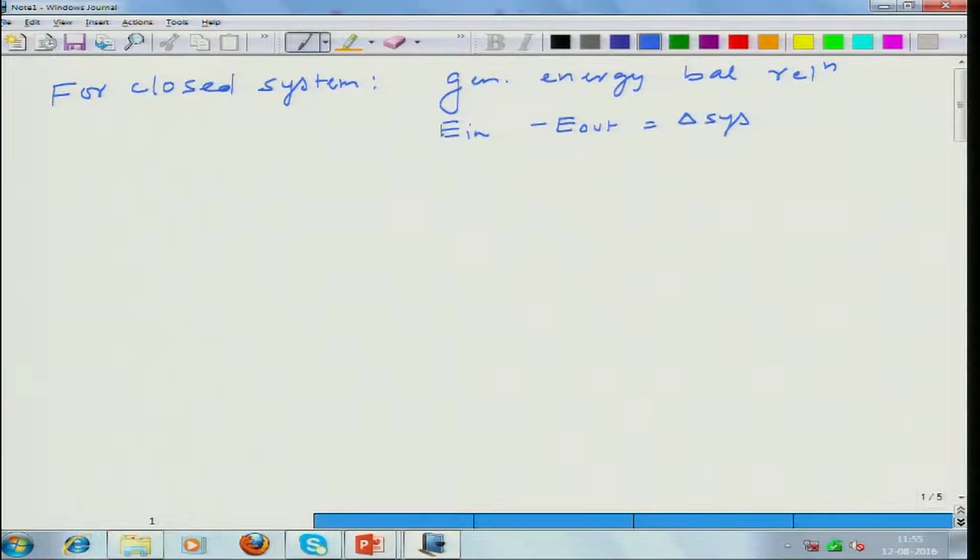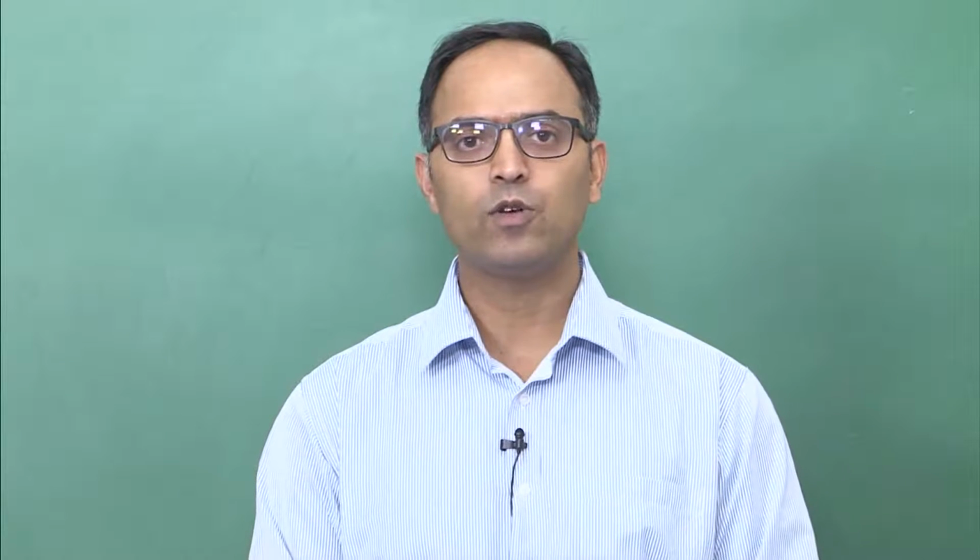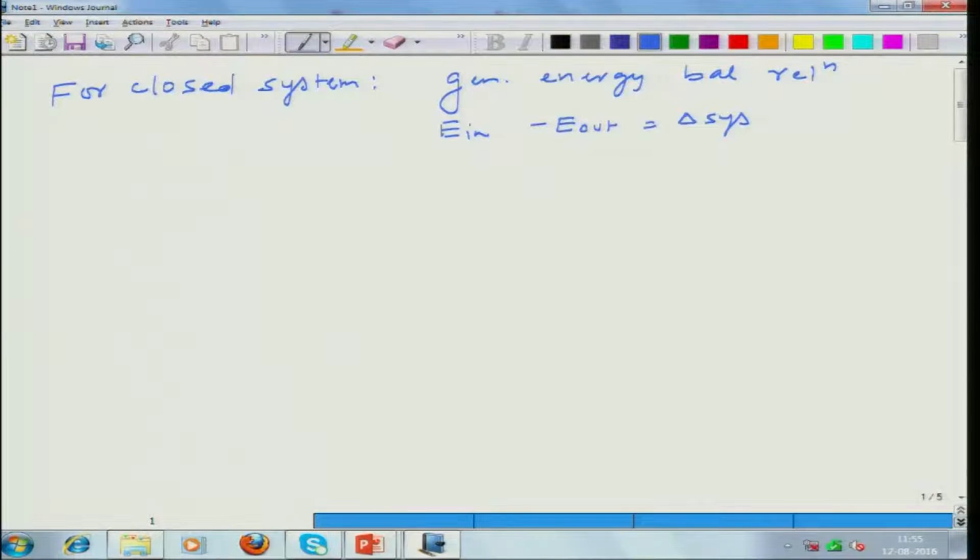Now what we want to do is to extend this analysis for the case of a system where there is entering of the flow as well as the exit of the flow from the system, and hence the energy analysis will be for the case of a control volume. Let's try to develop the conservation of mass principle first.